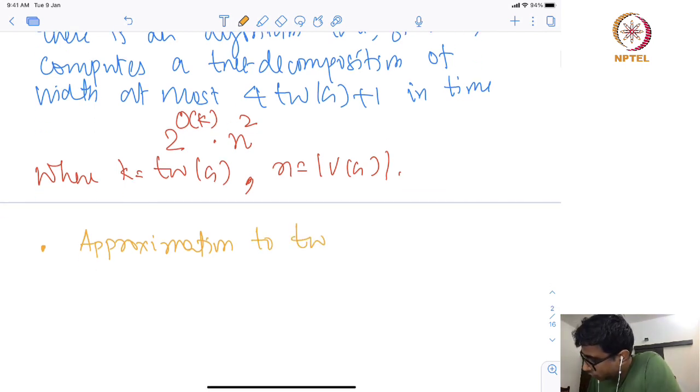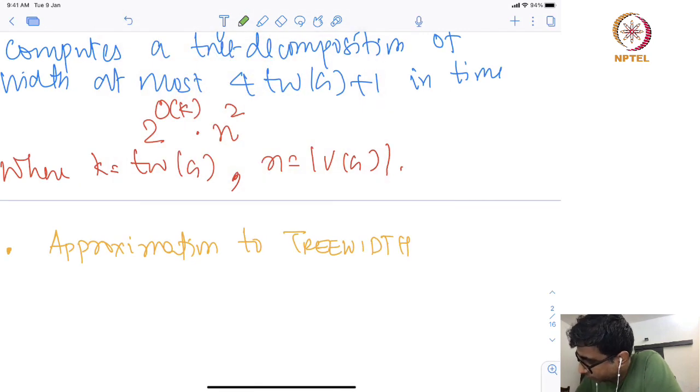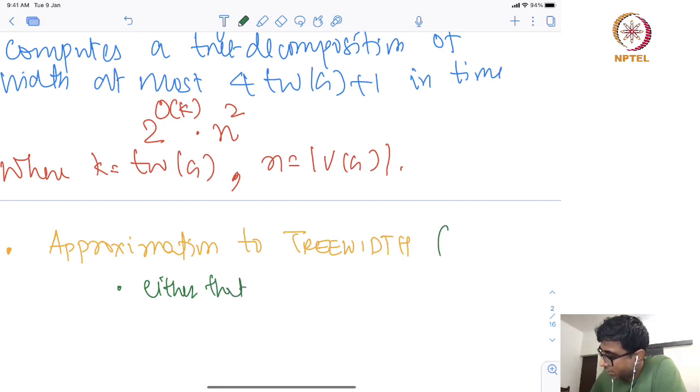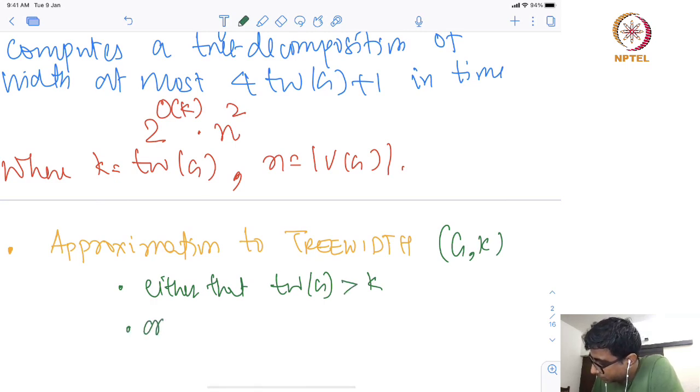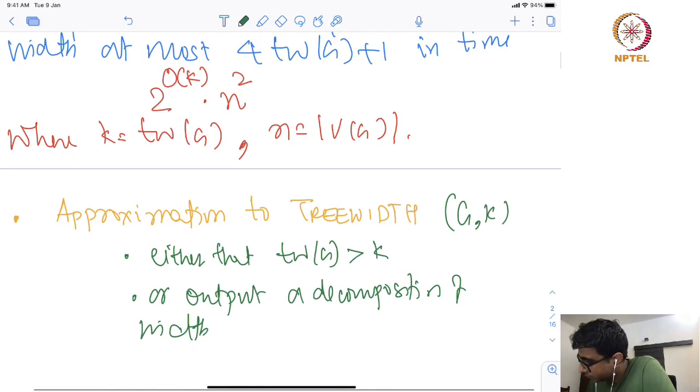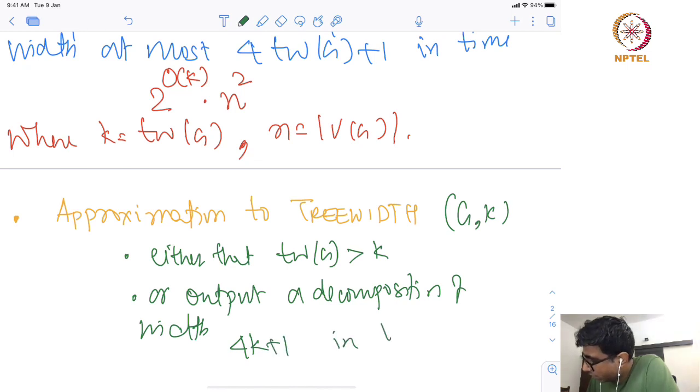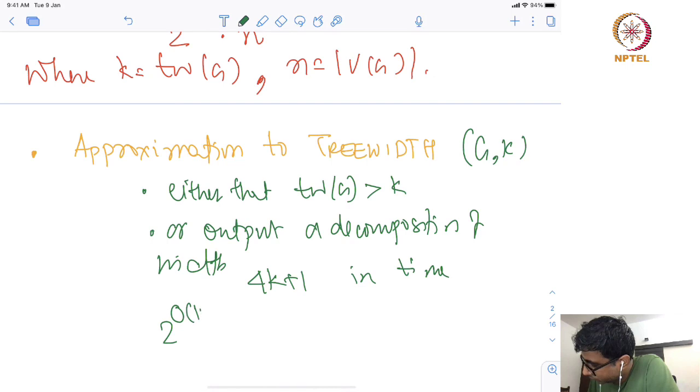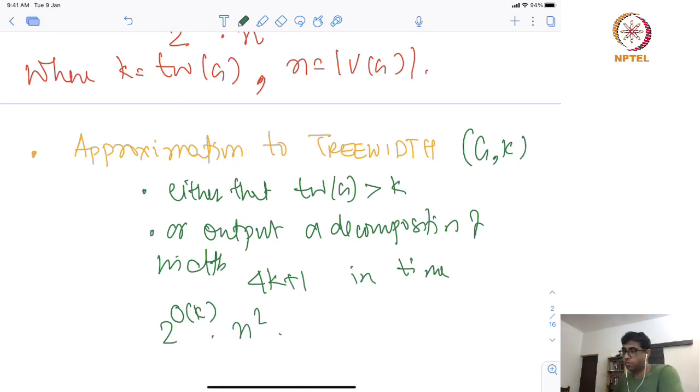Given G and k, it will either say that the tree width of G is strictly more than k, or output a decomposition of width 4k plus 1 in time. This is what we will do.